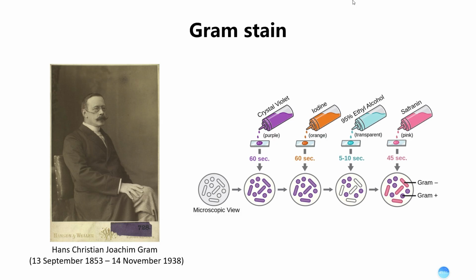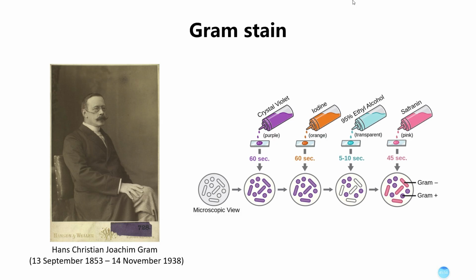For the gram-negative bacteria, because the outer membrane contains lipids, and the ethanol can break the lipids, it can decolorize the gram-negative bacteria. But for the gram-positive bacteria, because the cell wall is so thick and so condensed, it cannot be decolorized.